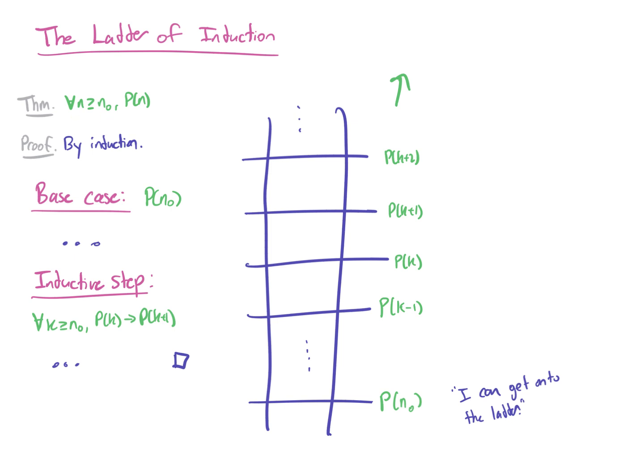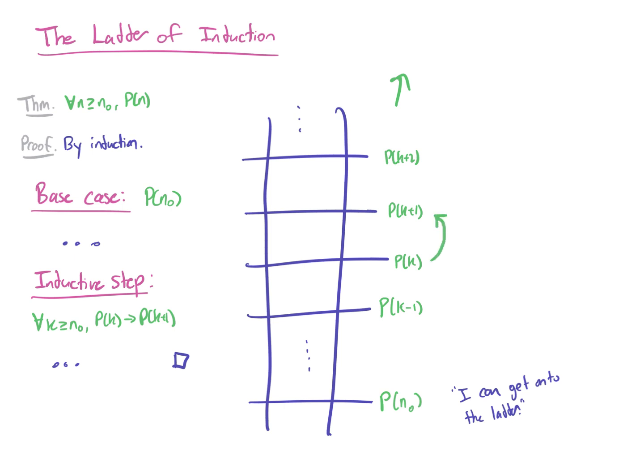So I want to find an inductive way to prove all of these infinitely many statements. The idea of the inductive step is to say that not only can I get onto the ladder, as shown in my base case, but for every k, I can move from k to k plus 1.